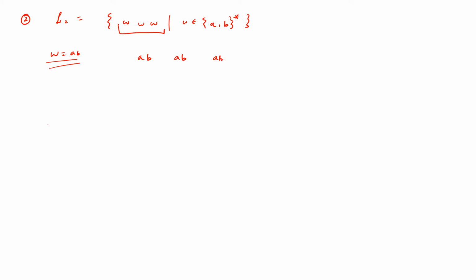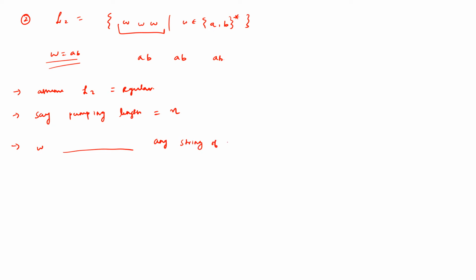Maybe I'll give you a scheme of the proof. Then you fill the dots for me. The first step is to assume L2 is regular, and let's say the pumping length is n. Now you take a string w of whatever form you want, any string of your convenience, but this string should necessarily belong to language L2.